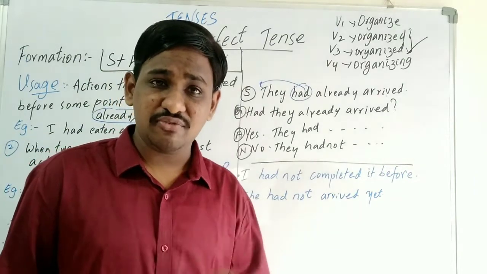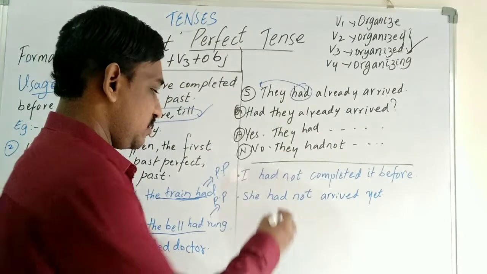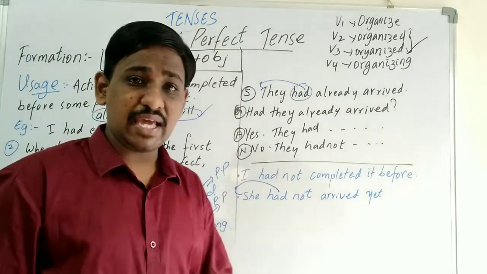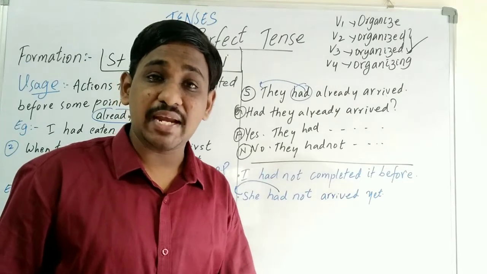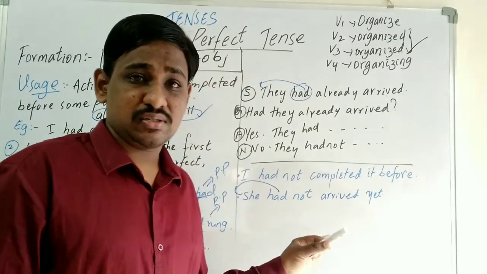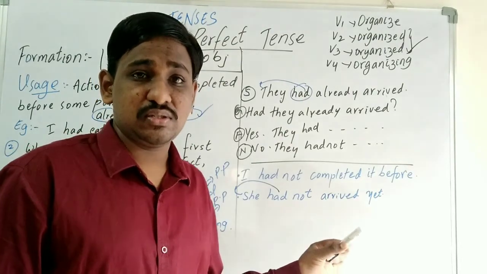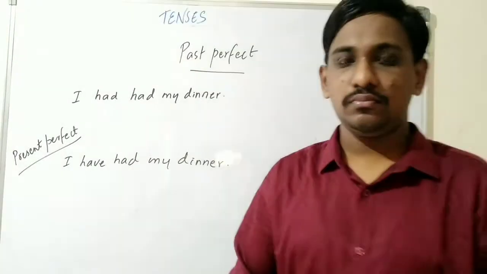Had she arrived yet? Yes, she had arrived already. No, she hadn't arrived yet. So those are the statements, questions, affirmatives and negatives for past perfect tense.